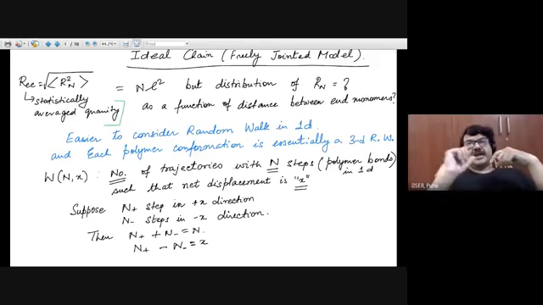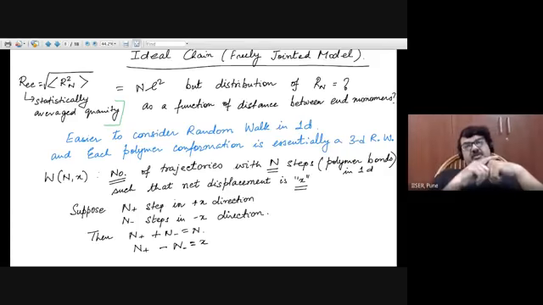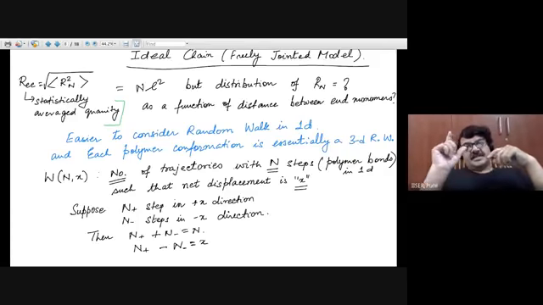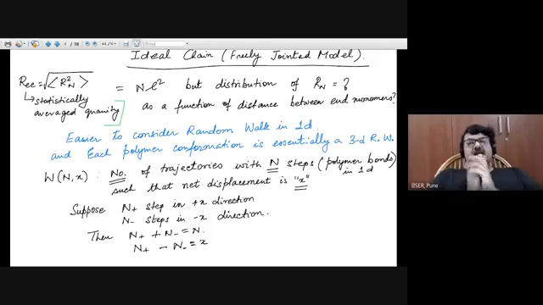And so n bond vectors corresponds to n steps of a random walk in 3D, right? But we shall first consider a random walk in 1D, work out the statistics for that, and then extend it to 3D.